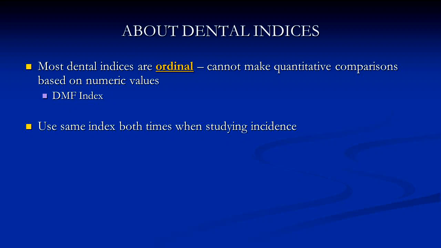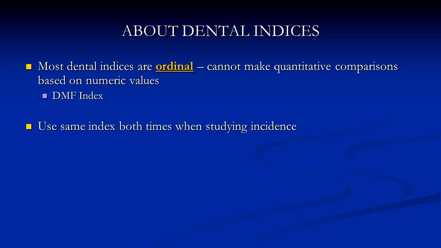So we're rank ordering them, but typically we can't do any kind of data analysis or number crunching on these indices. The exception would be the caries indices, and specifically the DMF index. The DMF index is actually an interval ratio level index. So all of them are ordinal with the exception of the DMF, which is an interval ratio level index.